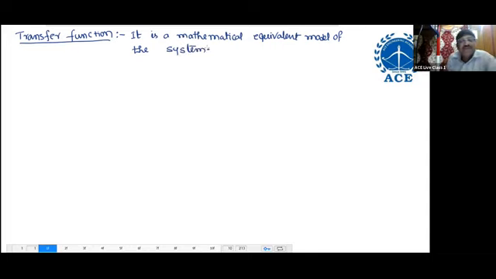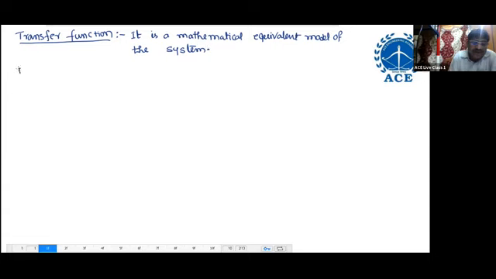I told you last day, the word transfer function and the word system, both are the same. For the system, we write a mathematical form that is called a transfer function. So it is a mathematical equivalent model of the system.